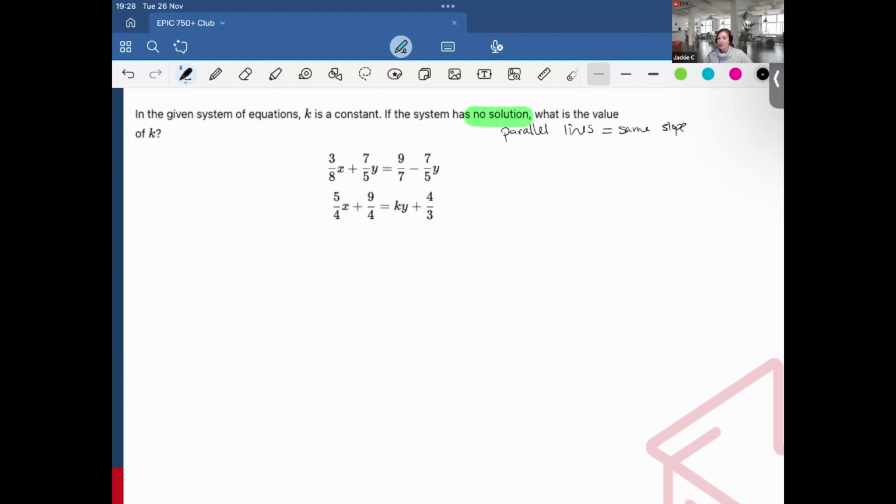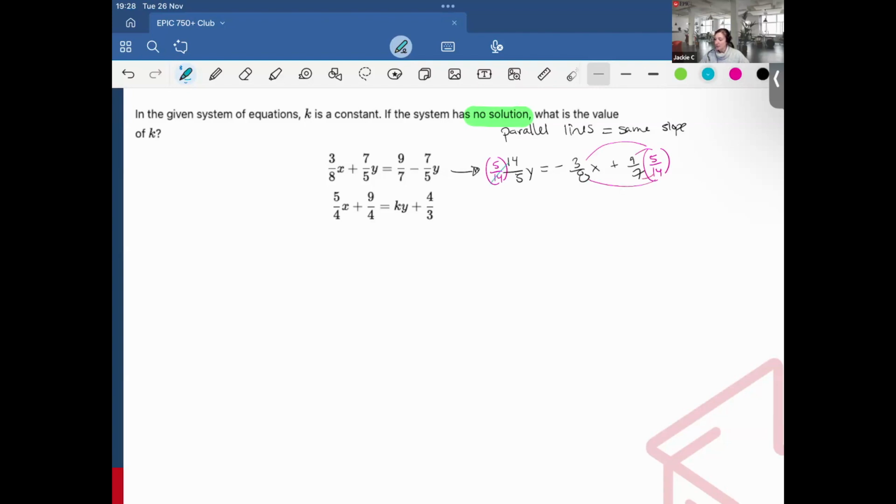So for these ones, what I like to do is first rearrange the equation and put everything in terms of y. So let's do that. I can move this one over just to show all the steps. This would become 14/5 y is equal to negative 3/8 x plus 9/7. And then I will multiply by the reciprocal, aka dividing by 14/5, and remember to distribute that to everything.